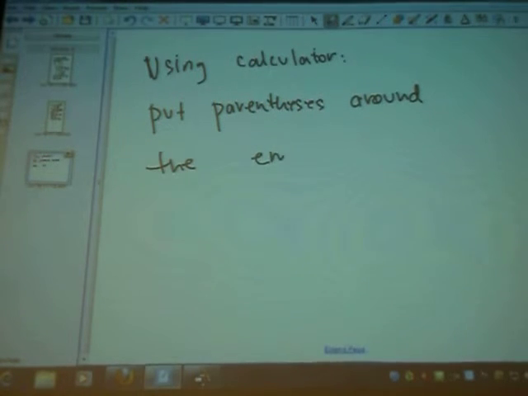You guys put parentheses around the entire exponent, everything you type after the caret symbol.